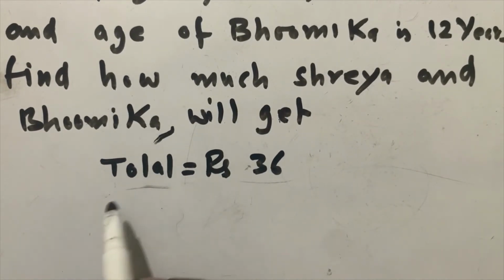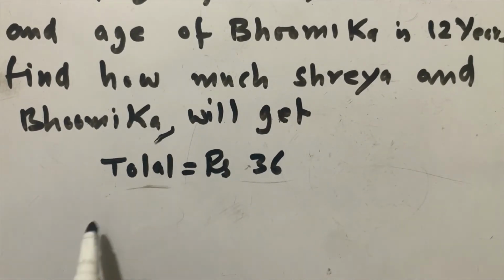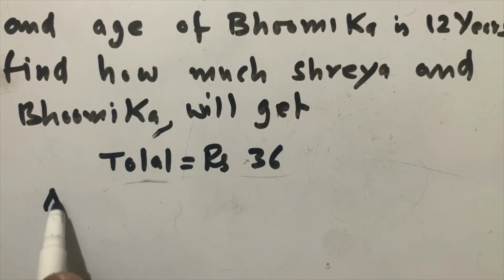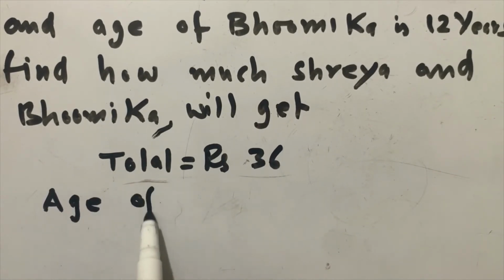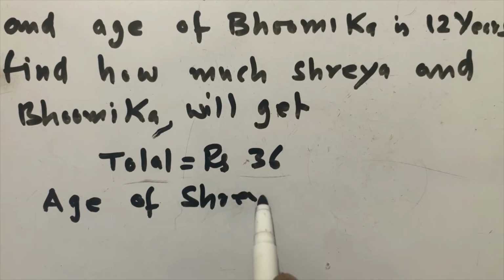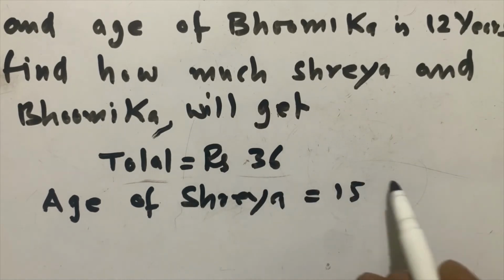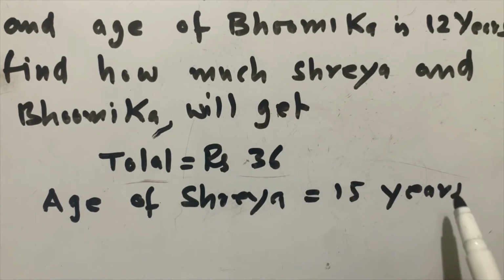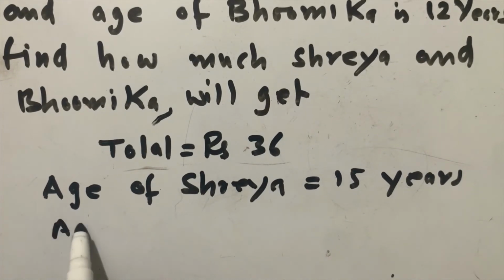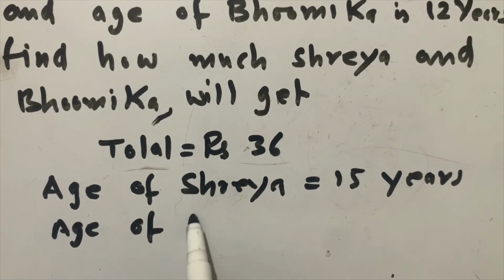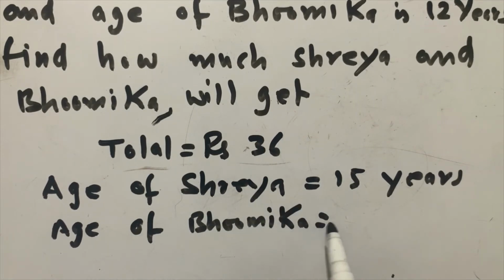Age of Shreya is 15 years and age of Bhumika is 12 years.